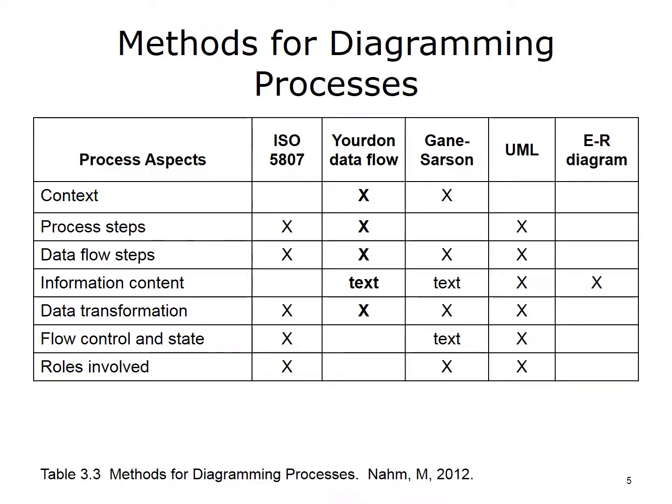Each of the methods for diagramming a process introduced in Lecture A covers certain aspects of processes. Recall that Jordan data flow diagrams, also known as DFDs, can represent the high-level context in which a process operates, i.e., interfaces between a system and the rest of the world.